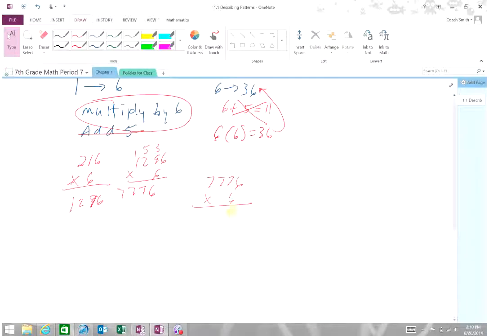So that would be 6, carry my 3. 6 times 7 is 42, plus 3 would be 45, carry my 4. 6 times 7 is 42, plus 4 would be 46, carry my 4. 6 times 7 is 42, plus 4 would be 46. So, my 3 numbers: 1,296, 7,776, 46,656.